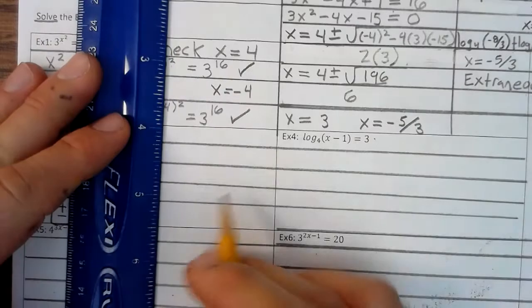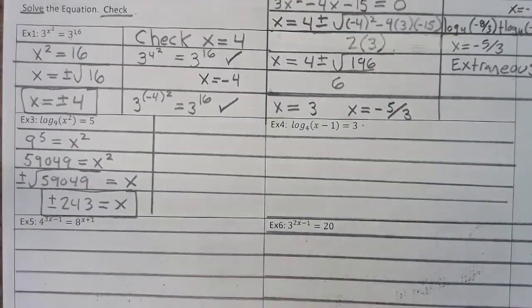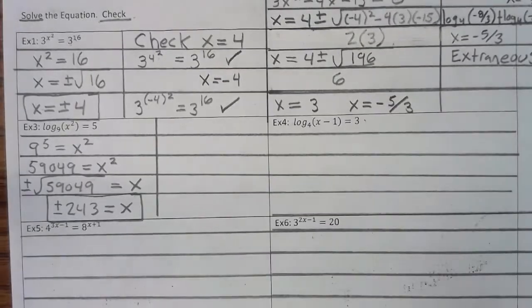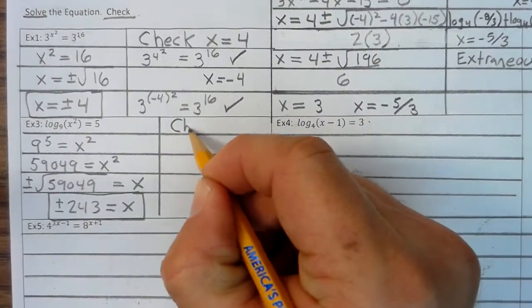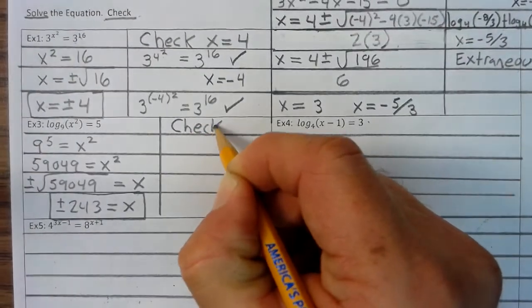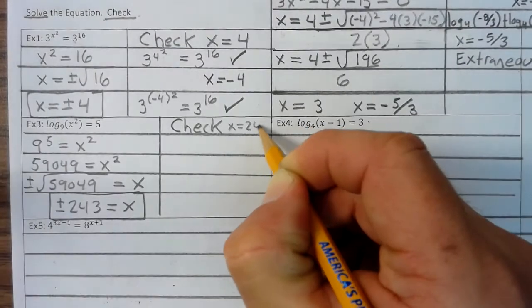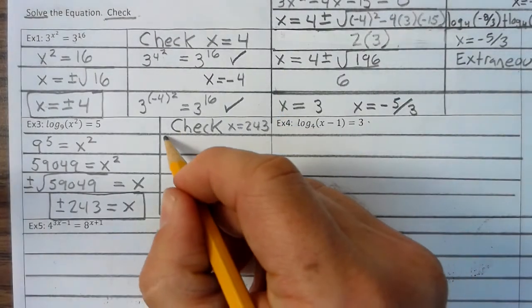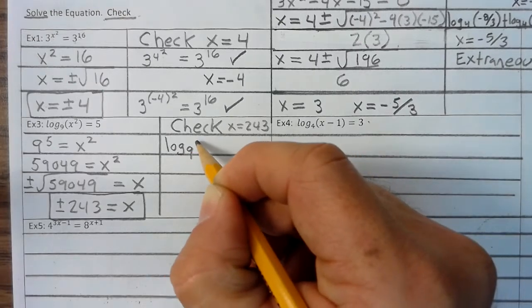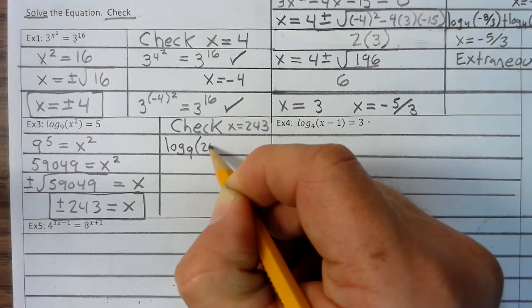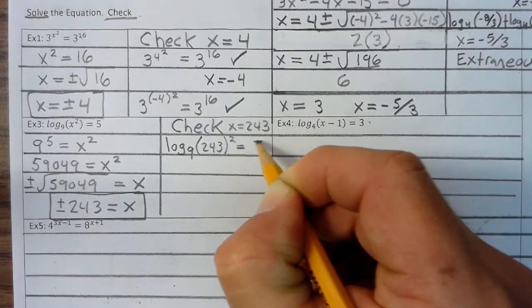All right, now let's check. X equals 243 first. So you have log base 9 of 243 squared equal to 5.